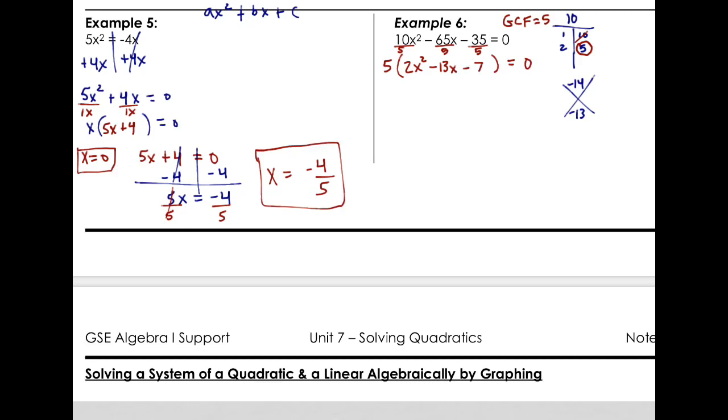So 14 divided by 1, you'll see that gives you a 14, and a 1. And you can get to a negative 13 with a 14 and a 1. Just need to work with your signs. So that's a negative 14. Negative 14 plus 1 is negative 13. And a negative 14 times 1 is negative 14. So we're good.